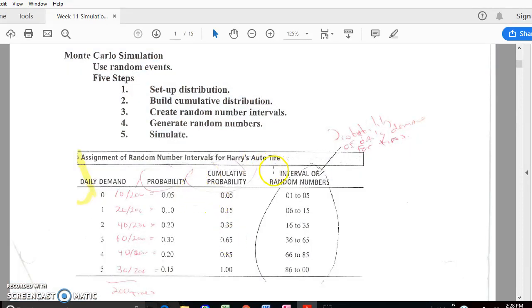Then lastly, create your interval for random numbers. So if you chose a number between 1 and 5 for your 5%, that would be your random number interval.